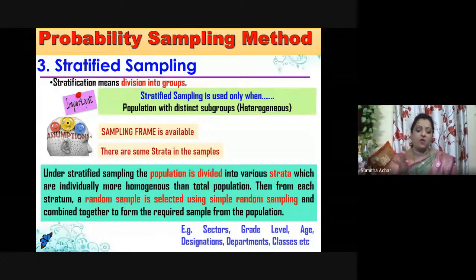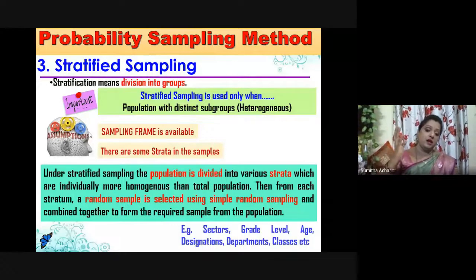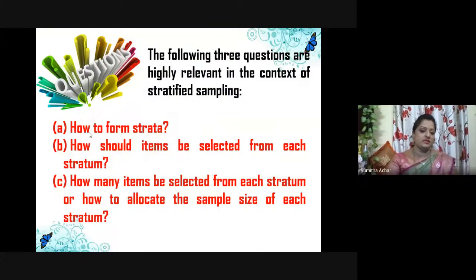Or if I want boys and girls with work experience and those with only experience as a student, then I give some other sectors, right? This is how exactly I divide the strata. I'm sure all of you have understood this, right?